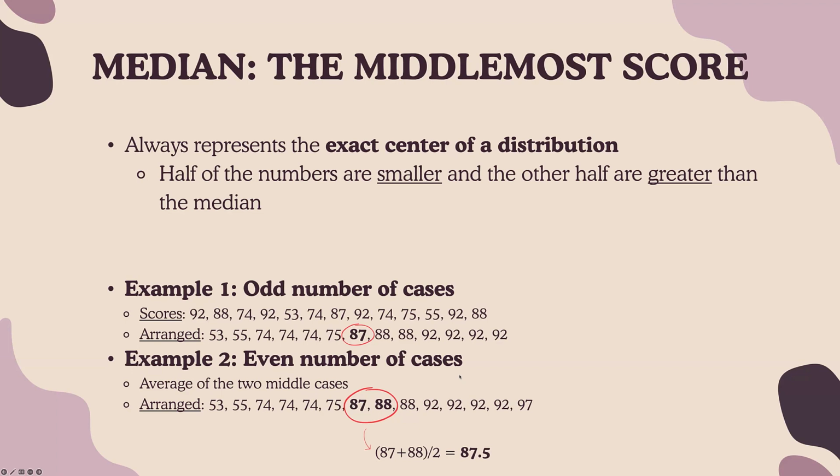For even numbers of cases, I'm sure you've done this in your algebra classes before, we order them like we would for an odd number of cases, and then we take the 2 middlemost values and calculate the actual average of those 2 middle cases. So the 2 middle cases here are 87 and 88. Say 87 plus 88 divided by 2, which is 87.5. Right, so we're just trying to find the middlemost value. So these variables must have categories or attributes that can be ordered.